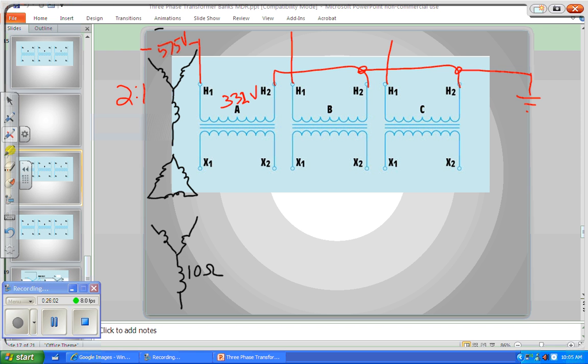Okay, so if it's 2 to 1, what is my secondary phase voltage? Half of 332 is 166 volts. You rounded a little bit up, that's fine. And we have a delta coming out of here, right? And we have a Y load.